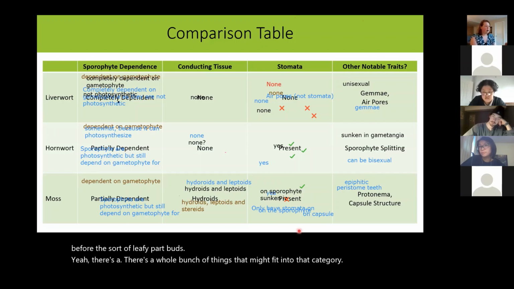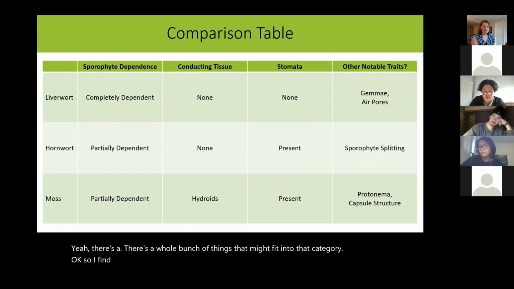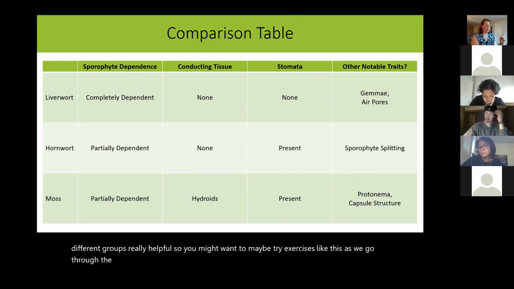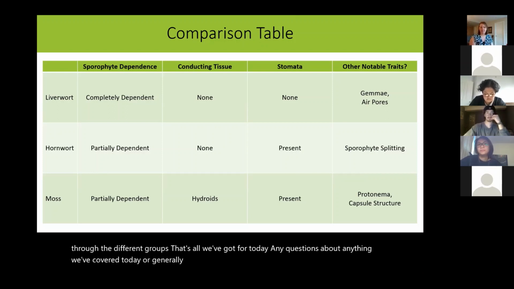Okay, so I find this kind of exercise of setting up tables to help you compare between the different groups really helpful. So you might want to try exercises like this as we go through the different groups. That's all we've got for today. Any questions about anything we've covered today or generally in the bryophytes?